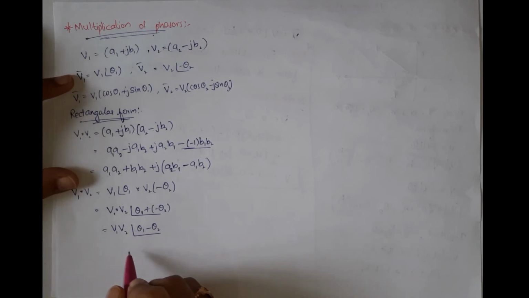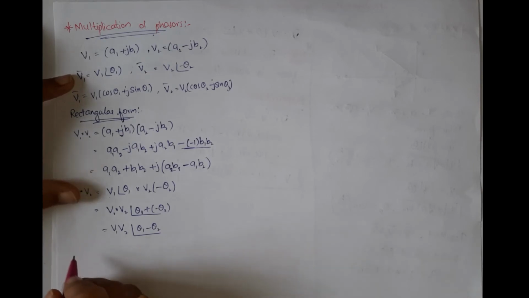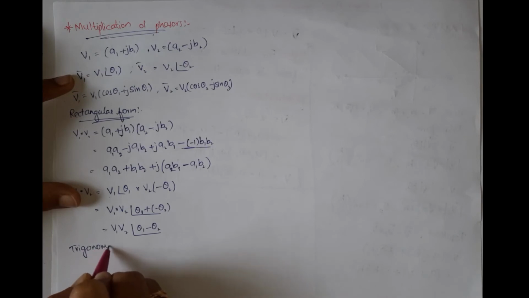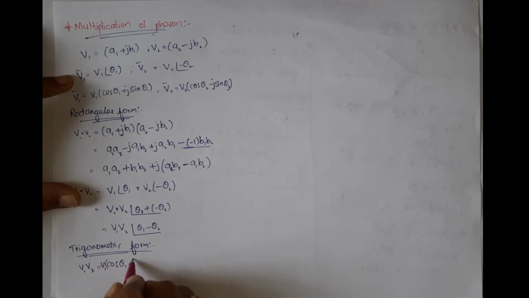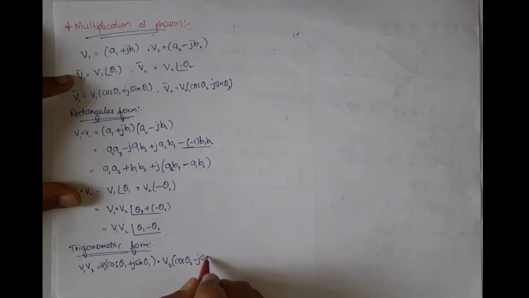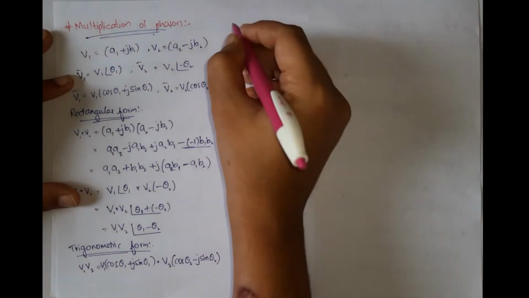Now coming to trigonometric form, let us see. Trigonometric form. So V1 V2 is equal to V1 cos theta 1 plus J sin theta 1 into V2 cos theta 2 minus J sin theta 2, right?